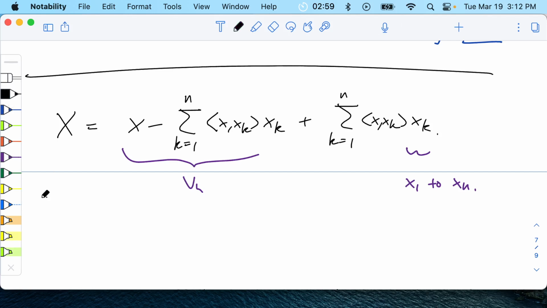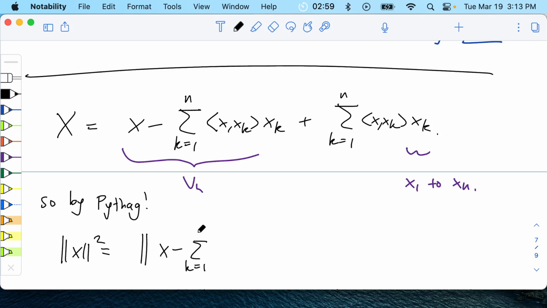So by Pythagoras, if you do the norm of x squared, and x is a sum of perpendicular things, then on the right-hand side, you just have the norms of the perpendicular things. The sum from k equals 1 to n, of the norm of <x, xk> xk, squared. And then over here, you have the sum from k equals 1 to n.